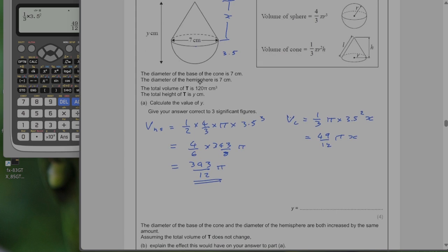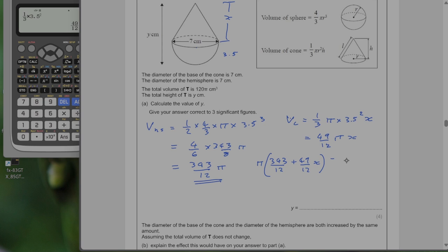Right, and we know that the total volume is going to, so these two things are going to add together to make 120 pi. So we will say then 343/12 plus, we'll actually take pi out as a factor just because I'm going to get rid of pi in a moment. Plus 49/12 x is equal to 120 pi.